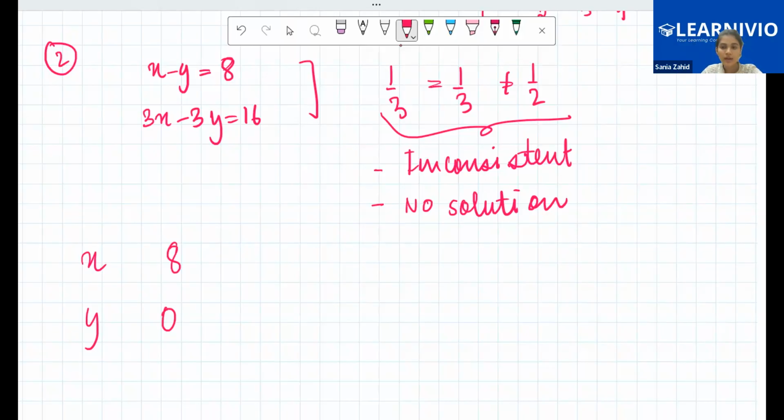Okay, so you have 0 and minus 8, but then you have to draw a very huge graph. Try to draw simpler graphs. So one way is you can take y as 1. So you know x is 9, isn't it?